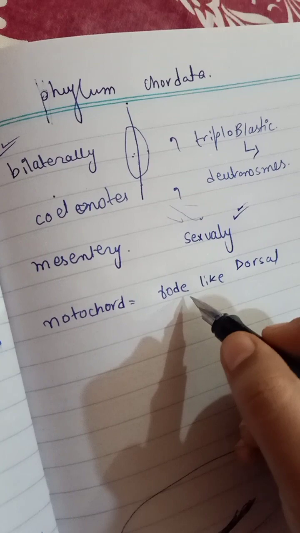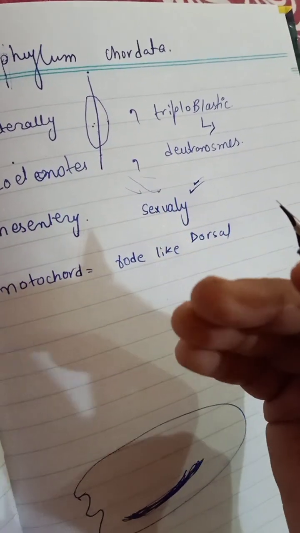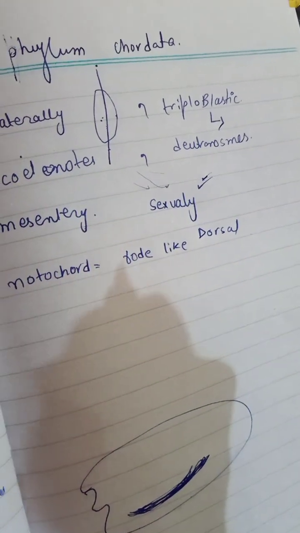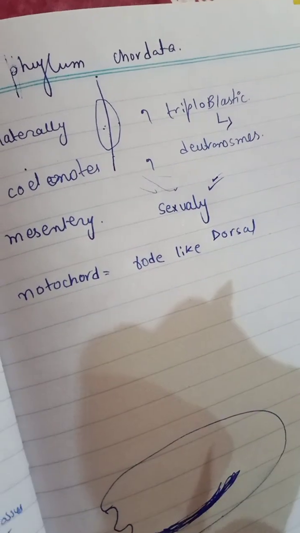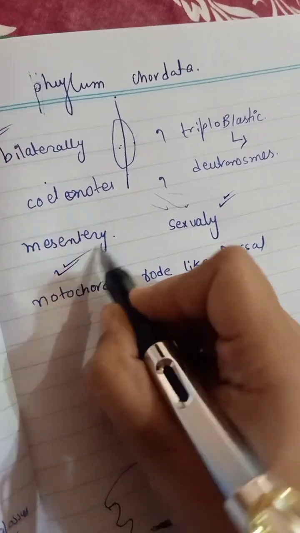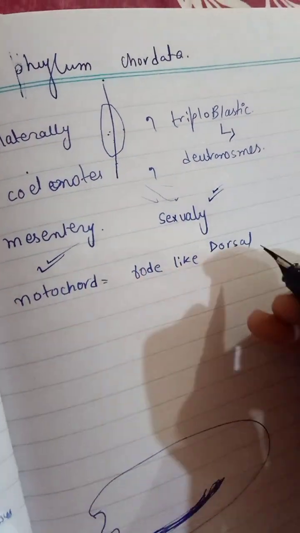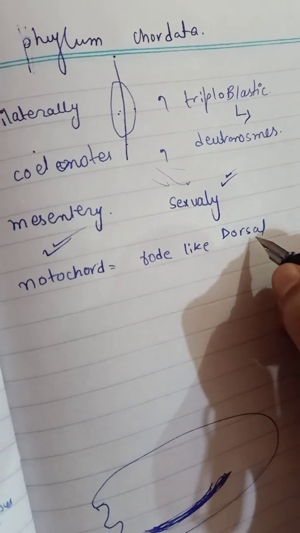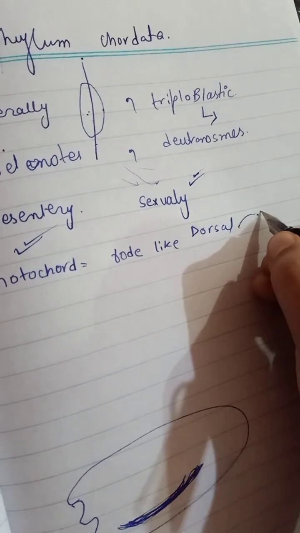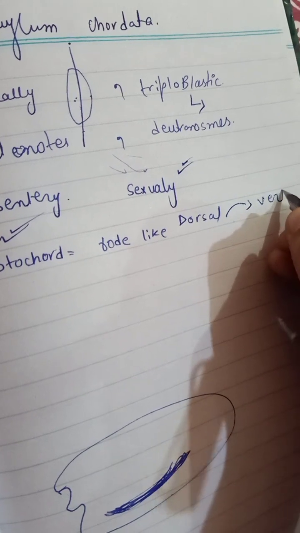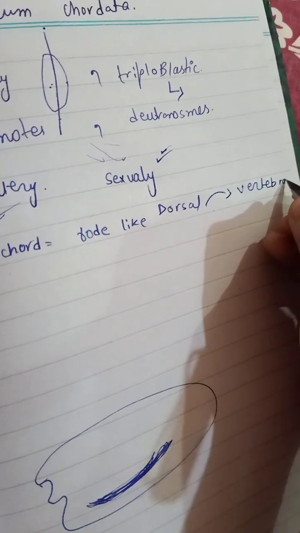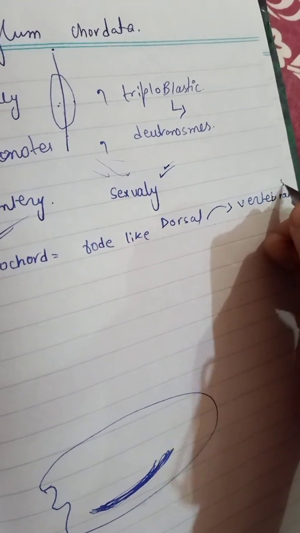So it is called a flexible rod. In the embryonic stage we have the notochord, and after that it changes into the vertebral column, like ours.